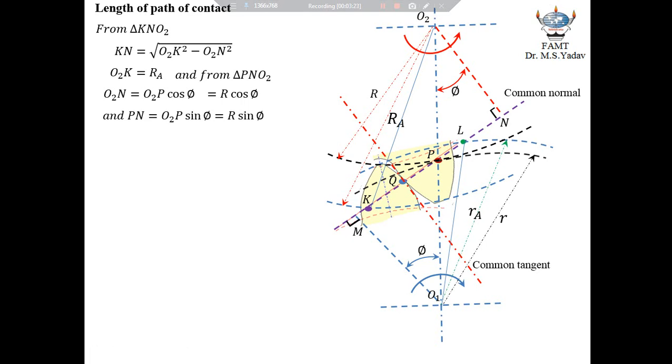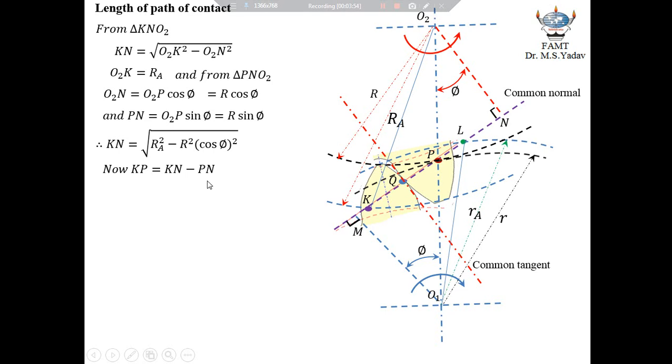Let's put these values in above expression now. So KN will be equal to square root of capital Ra square minus capital R square cos square phi. Now from the figure we can write KP is equal to KN minus PN. We have values of both KN and PN with us.